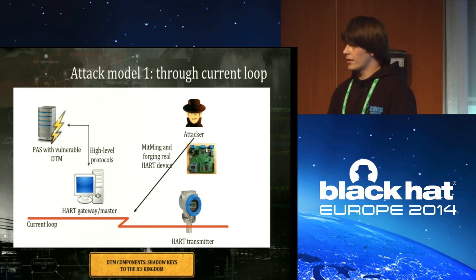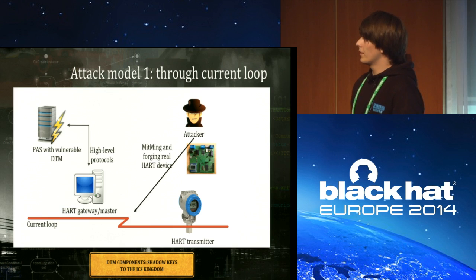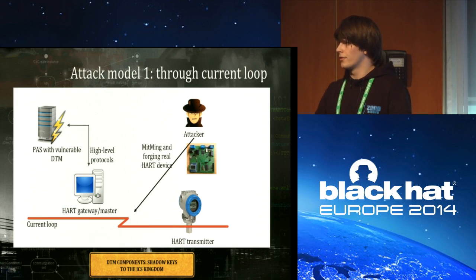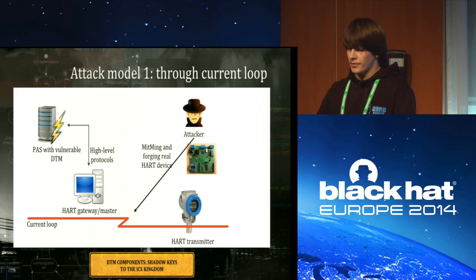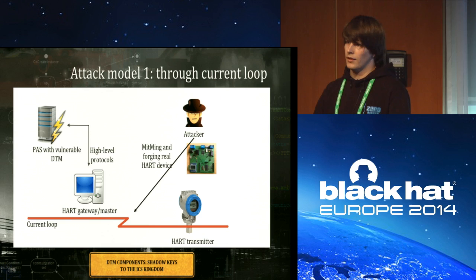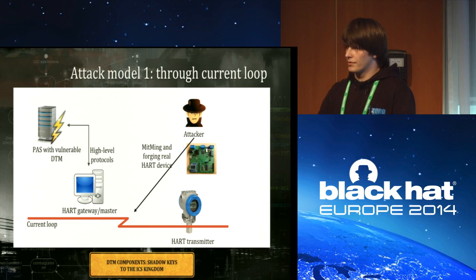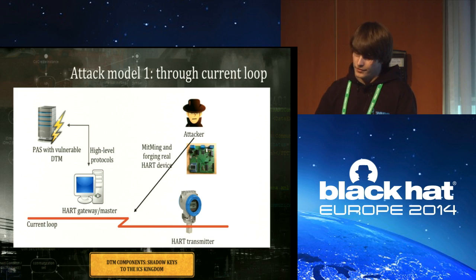Upon connecting to the current loop, the attacker can passively sniff any data that's circulating on the bus and even inject data or impersonate node devices and send arbitrary data to the control system, or impersonate the control system and send arbitrary data vice versa to the devices.